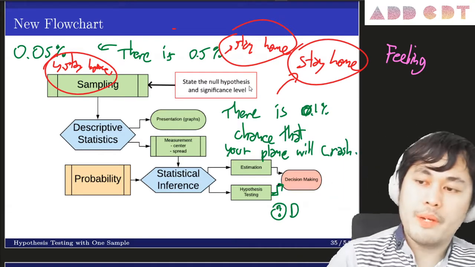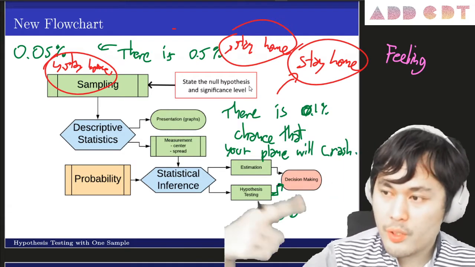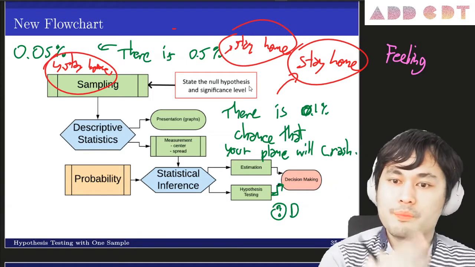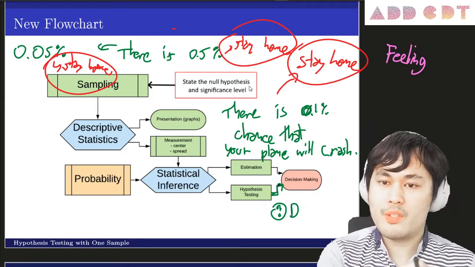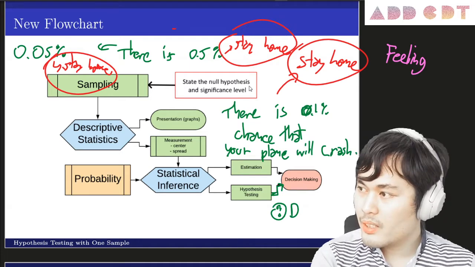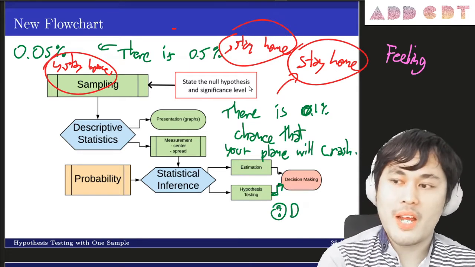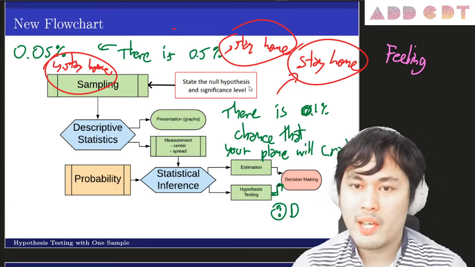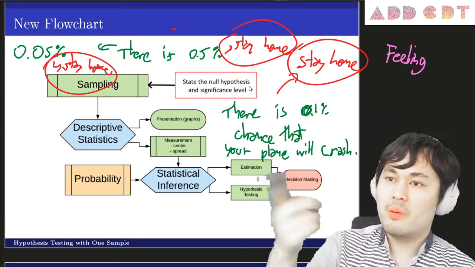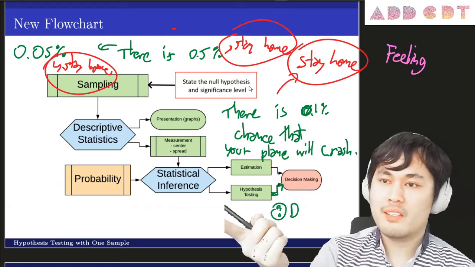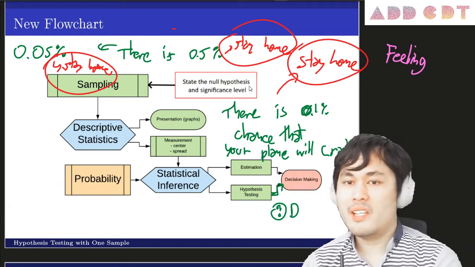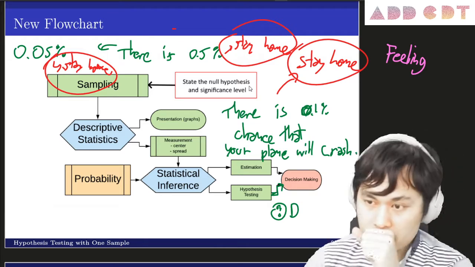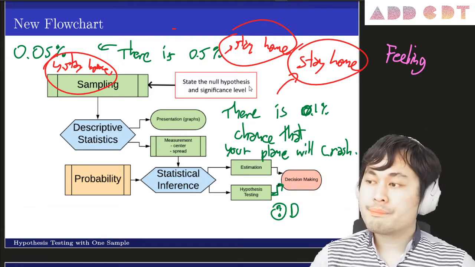Maybe it's not even the number itself, right? If you think that the chance is low, but then you watch television and you see a news report that some plane crashes, then that news will affect your ability to make a decision. And you say, oh, that plane crashed, so that means I shouldn't take any plane today or tomorrow, right?